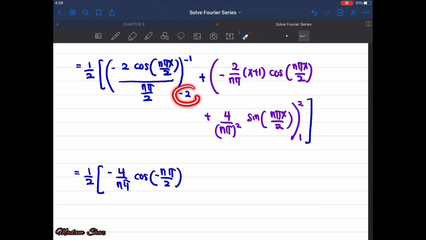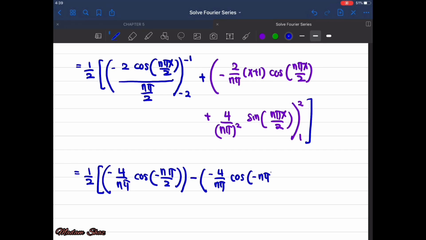So substitute negative 2 to the position of x here, minus, so make it in bracket, minus 4 over n pi cos negative n pi.